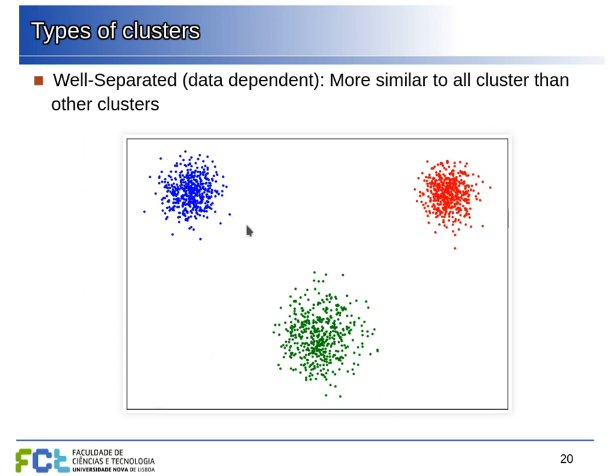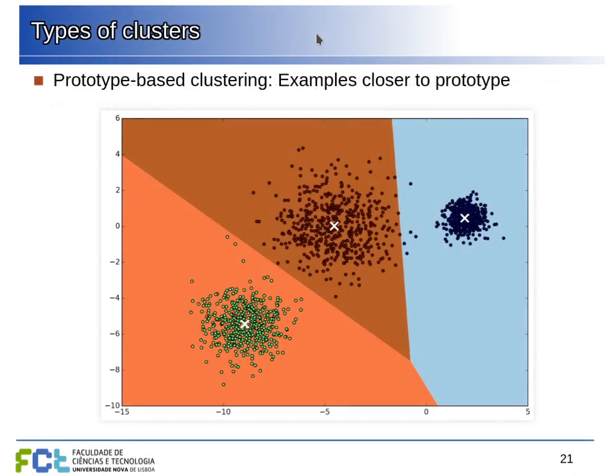So this would be an example of well-separated clusters where, for example, the blue points are all closer to each other than any of these points is to a red point or a green point. But it may happen that we have other types of clusters which are not well separated. And then the way we define the clusters will also interact with the shape of the data and the distribution of the examples to determine how the points will be clustered.